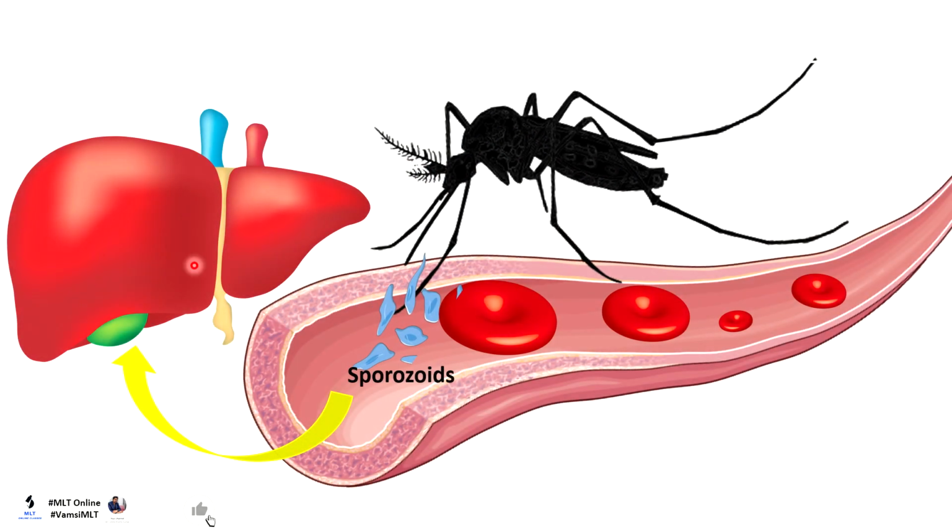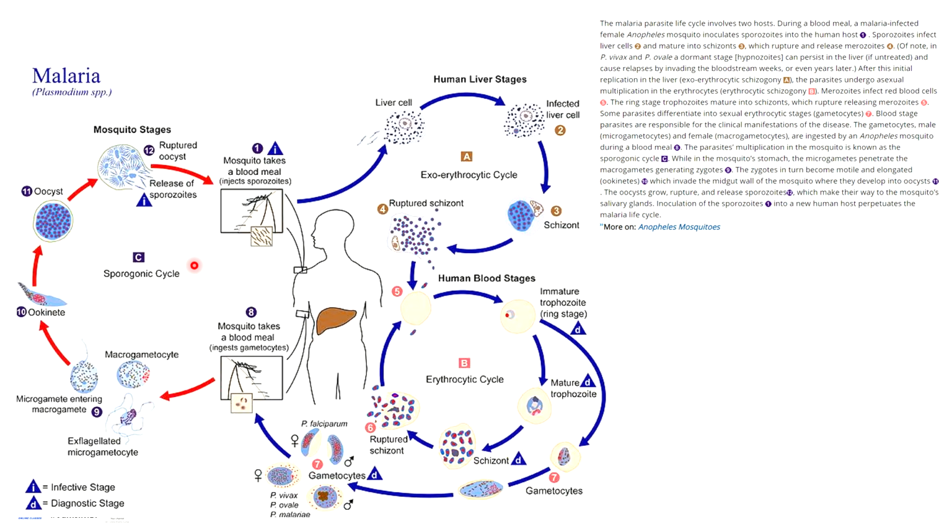These sporozoites will be released into the circulation, they will go to the liver, and in the liver the schizont releases merozoites and again into red blood cells. So this is the complete life cycle of malaria.